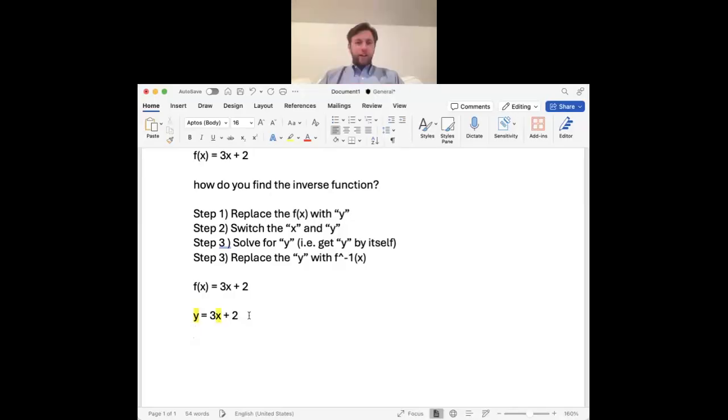Take the y and make it x, take the x and make it y. This is the Freaky Friday step. They're switching places. Now solve. Step 3 says solve for y. Get y by itself. This goes back to your skills all the way back in week 2. How do we solve for y here? What's my process?